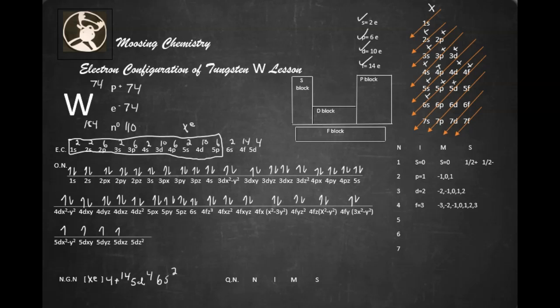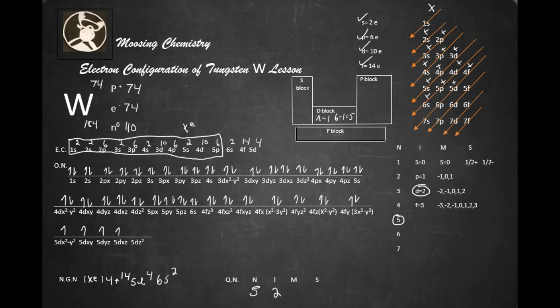You would be tempted to think that wolfram, aka tungsten, is in the 6th period, but it's not. It looks like it is because it's in the d block. It would be n minus 1, so 6 minus 1 gives you 5 for your energy level. The principal quantum number is 5. It's in the d block, so the angular momentum number is 2.